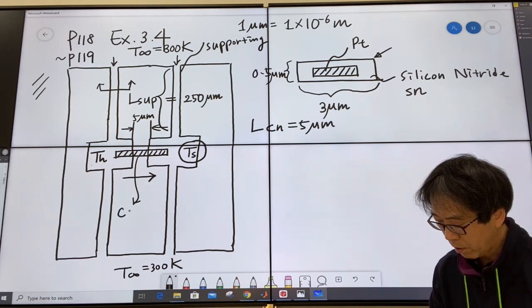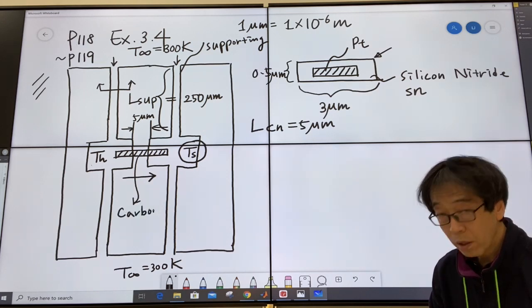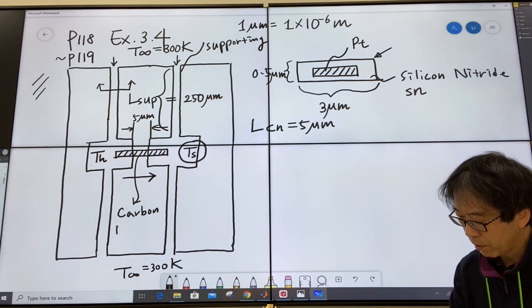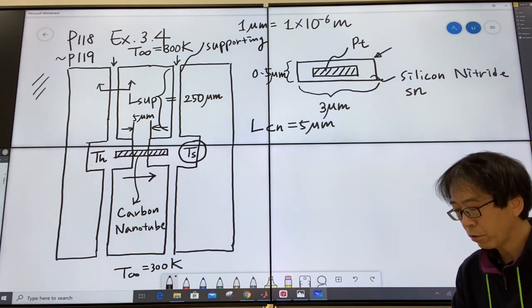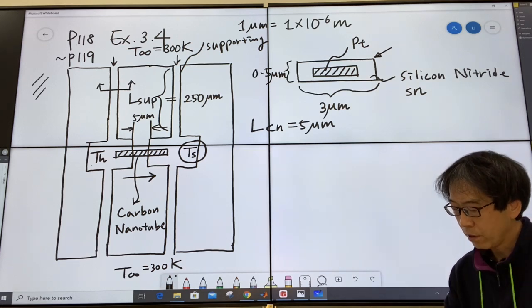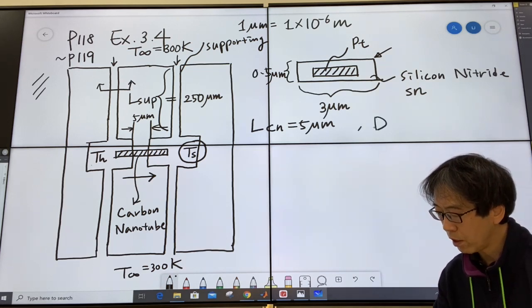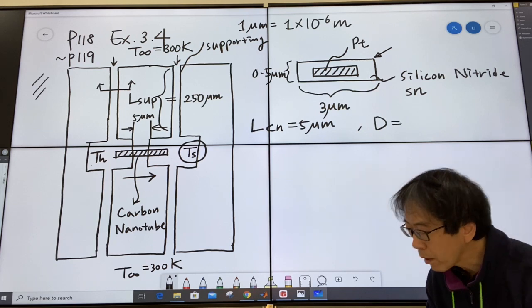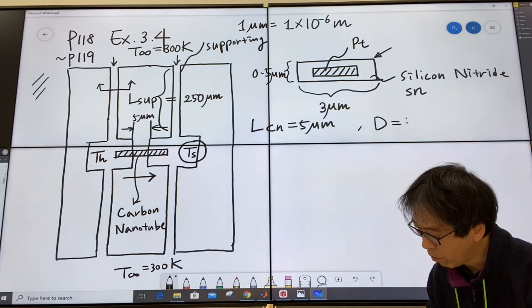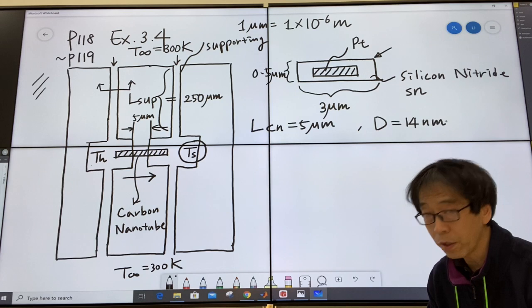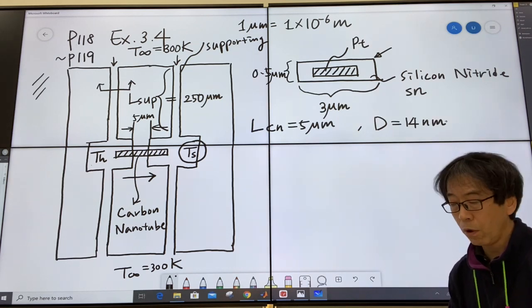Well, the thing is, you know, this carbon nanotube dimension, this carbon nanotube. What is carbon nanotube? I'm going to explain soon, okay? Dimension is only, well, let me find out from the textbook, 14 nanometers. So it's really small, right?